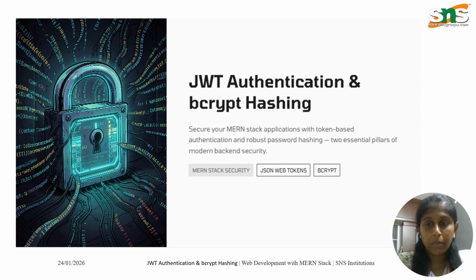If authentication fails or is weak, user logins can be compromised, application security becomes vulnerable, and passwords may get exposed. In a MERN application, JWT is commonly used for authentication, while bcrypt is used to securely store passwords. JWT handles identity verification and session management, whereas bcrypt protects the password from attackers.